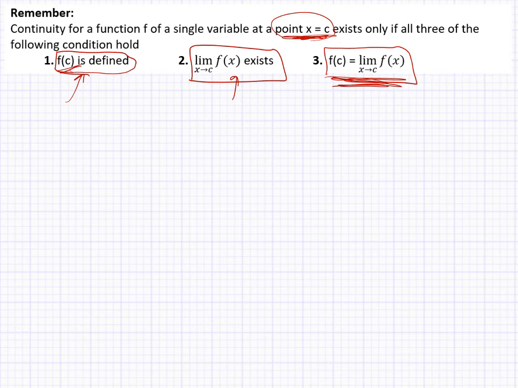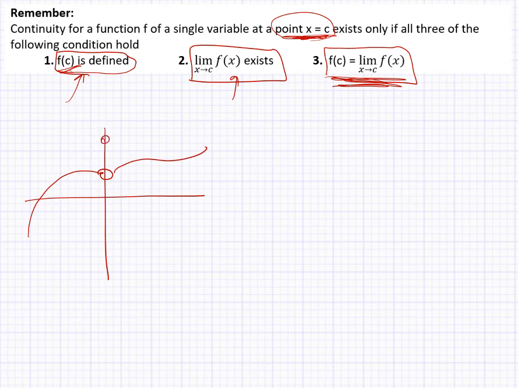And so you had a couple of scenarios here, like here's one where you have a function like this. There's an open circle, and then here's a closed circle right above it. Say here's c, the function at c exists, and it's whatever this y value is. The limit as I approach c from the left and right also exists because it's whatever this y value is, but the problem is they're not the same.